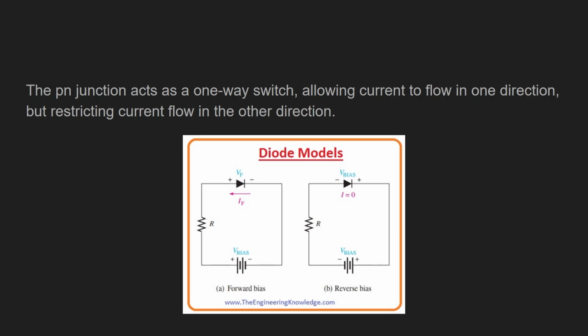I will change this picture. This picture is not good. This is the electron flow. The current actually flows from this way to this way. If we connect it in this way, the current flows in this way. We call this a forward bias. But if it is a reverse bias, the electron cannot flow.